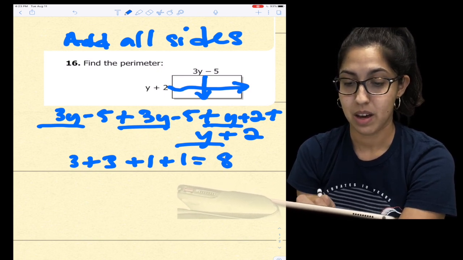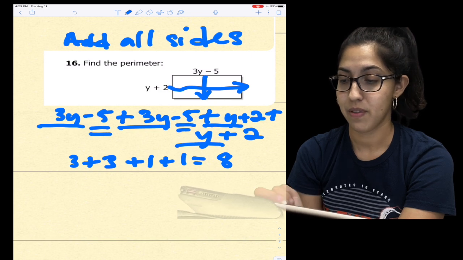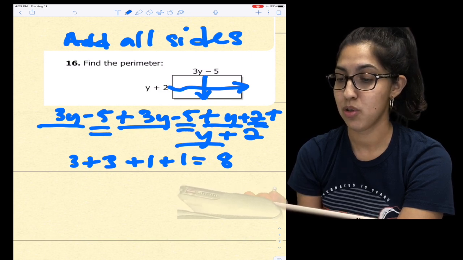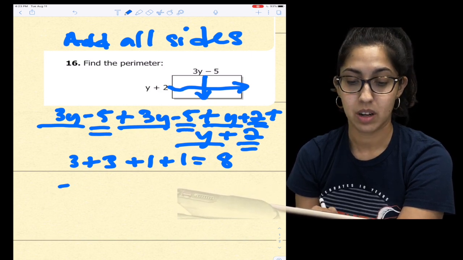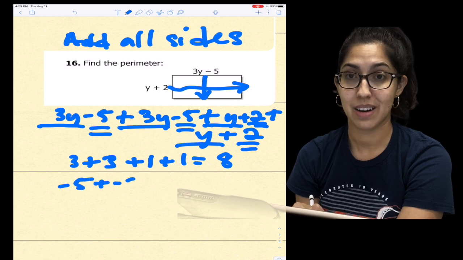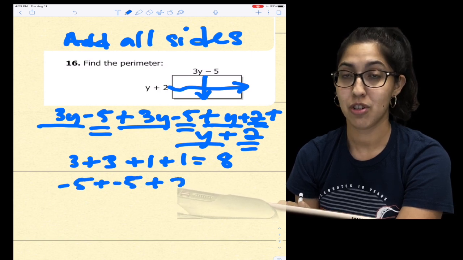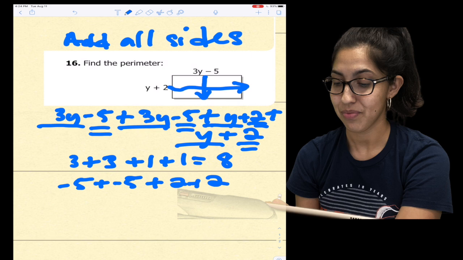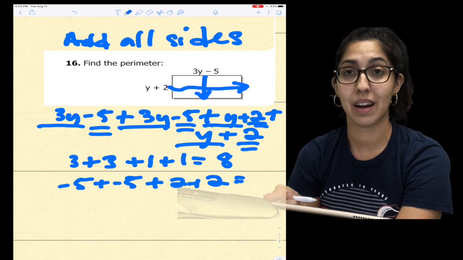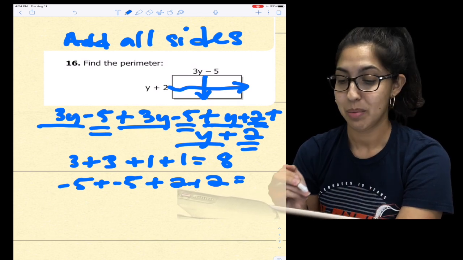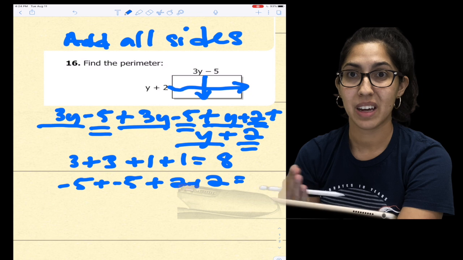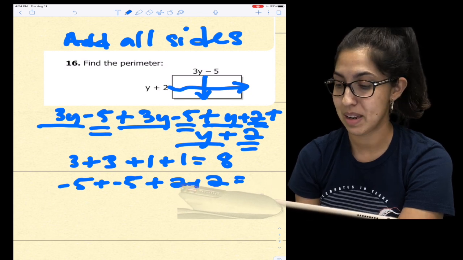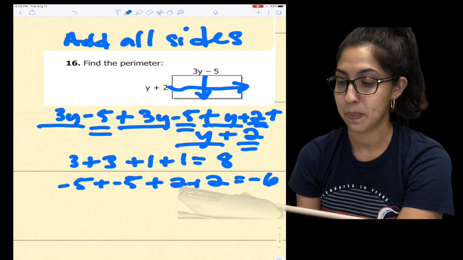And then we have negative 5, positive 2, positive 2. So negative 5 plus negative 5 plus 2 plus 2. So negative 5 and negative 5 make negative 10 plus, I'm going to say 4. Negative 10 plus 4 is going to be negative 6, okay?